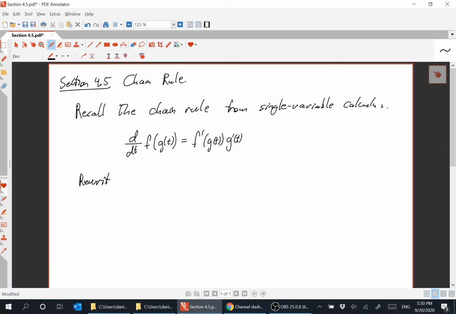Rewriting this in differential notation, when y is equal to f of x and x is equal to g of t, right?